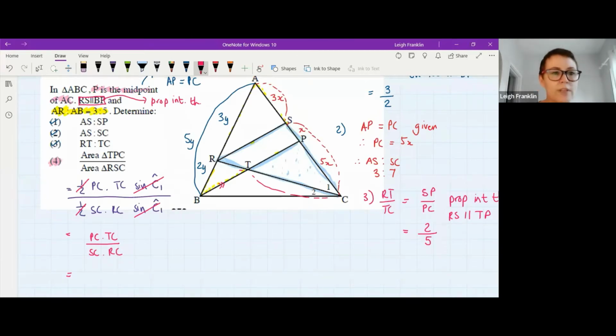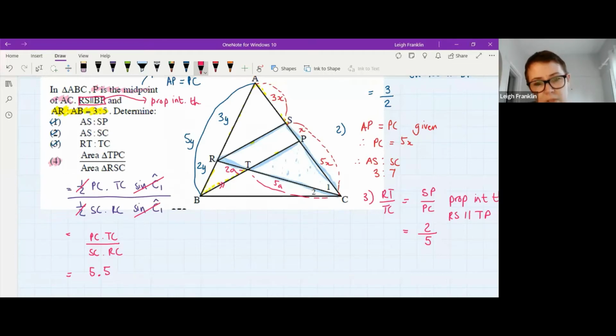Now, we've worked out what these various things are in 1, 2, and 3. So let's go back and have a look. What was PC? 5. Good. And TC was? TC would also be 5, wouldn't it? Yes. It might be 5a or whatever the case is, but it would also be 5.